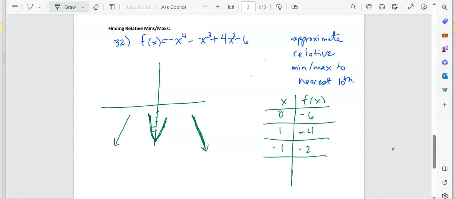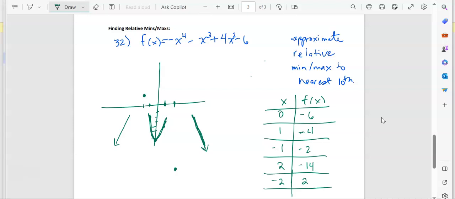So now I'm going to pick a couple more values, maybe 2 and -2, and see what I get. Again, this is a lot by hand. I'm going to pause the video so I can get some numbers here for us. Okay, so when I substituted 2 in, I got -14, and when I substituted -2 in, I got +2.